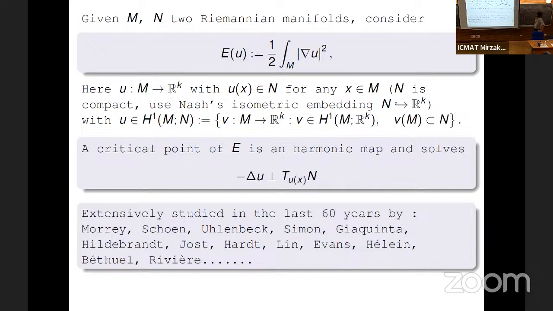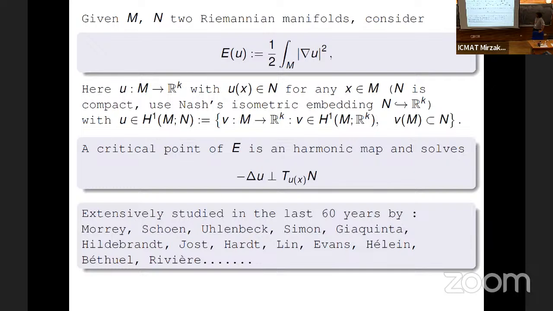And so what do you want to do with this energy? Well, you want to study critical points, and you can compute the Euler-Lagrange equation of a critical point of this energy. Due to the fact that you are imposing this constraint, its Euler-Lagrange equation is a nonlinear PDE that has this form.